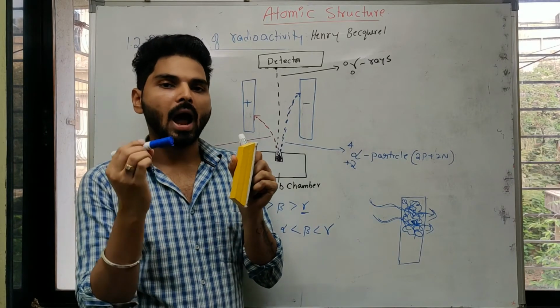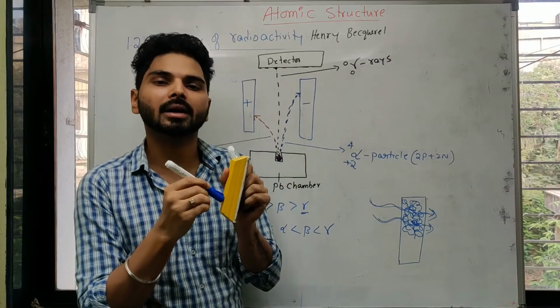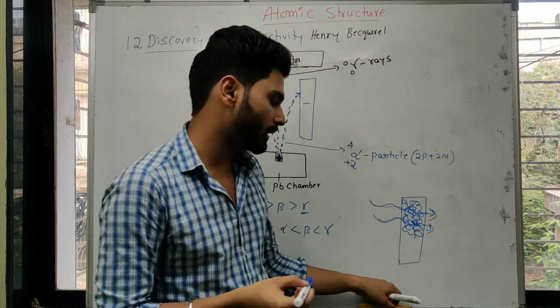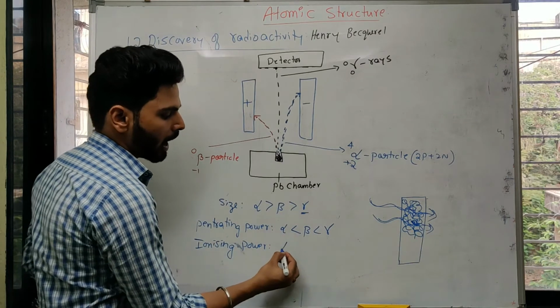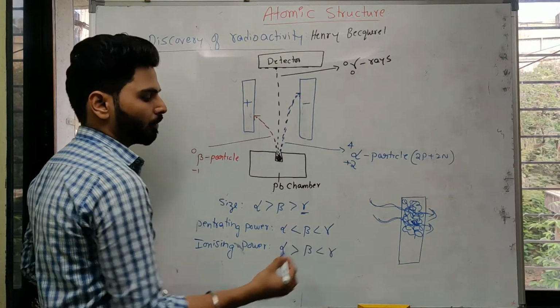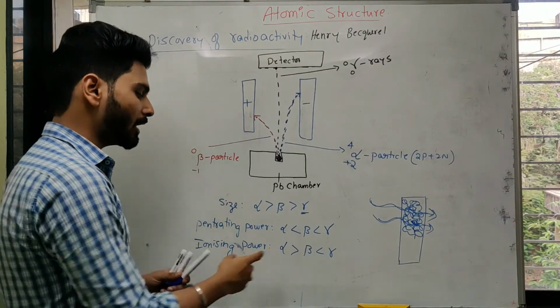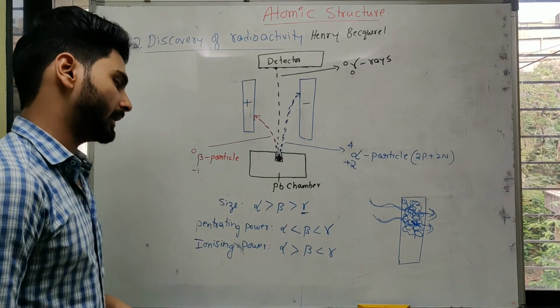The radiation that was not allowed to pass through will start ionizing that material. That means in terms of ionizing power, alpha has the highest, followed by beta and gamma, because alpha was not allowed to pass through, so it will simply ionize the material.